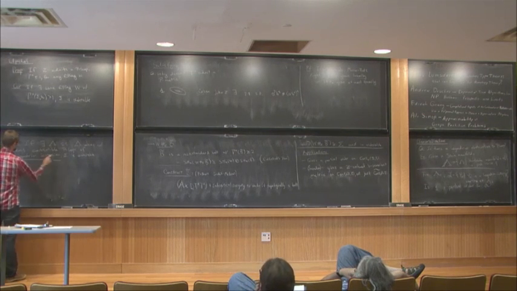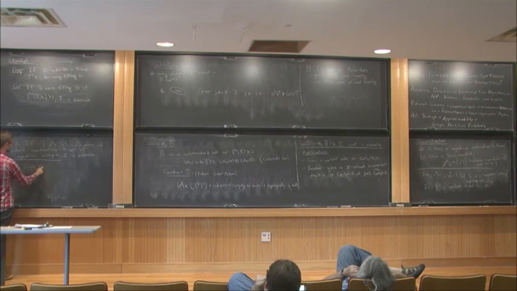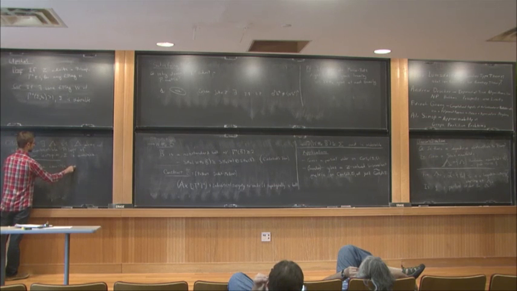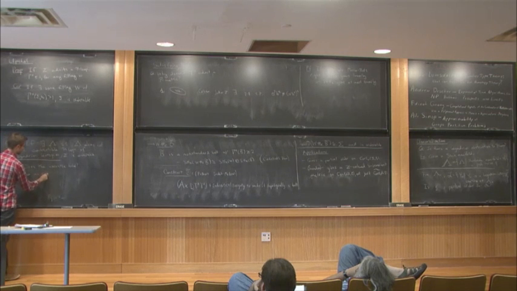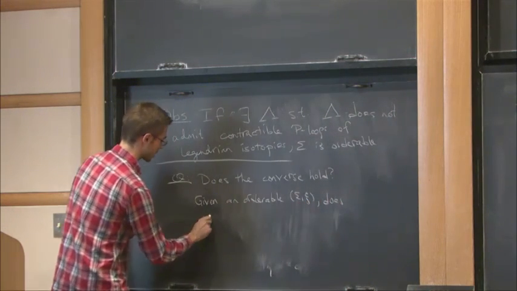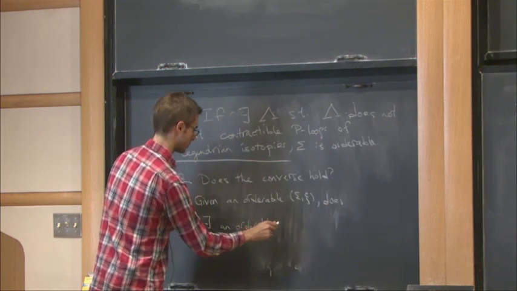And the question is, does the converse hold? Namely, given an orderable sigma, does there exist an orderable Legendrian inside it?